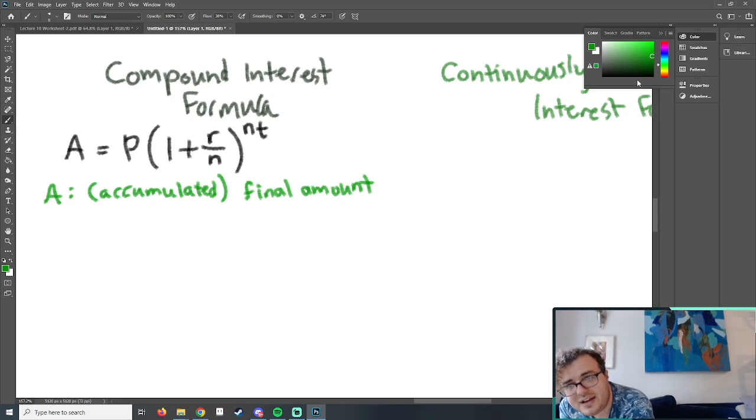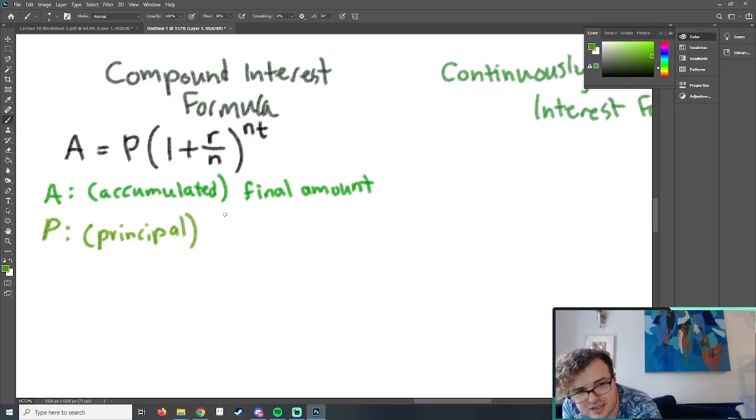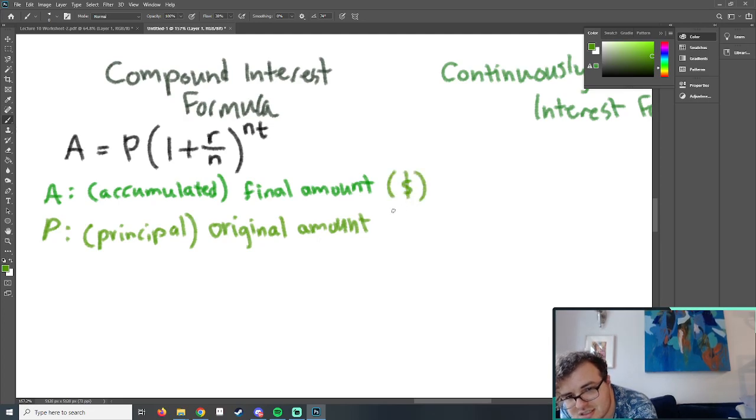So A is the final amount. P, or the principal, again, that's just a standard word for it, which you might need to know to see it on Lumen and stuff, is the original amount. So this is how much you deposited into the account when it started. Again, we're dealing with money here, so these are both usually in dollars or whatever currency you're working in.